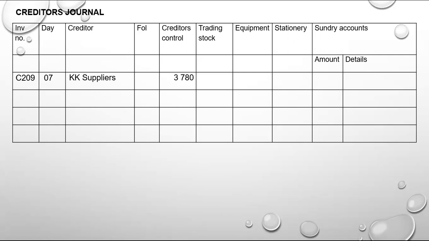Of this 3,780, 3,220 goes under trading stock, and the 560 goes to packing material. But I don't have a column for packing material. So where am I going to record that 560? I am going to record it under sundry as what? As packing material. Now you're getting smart.